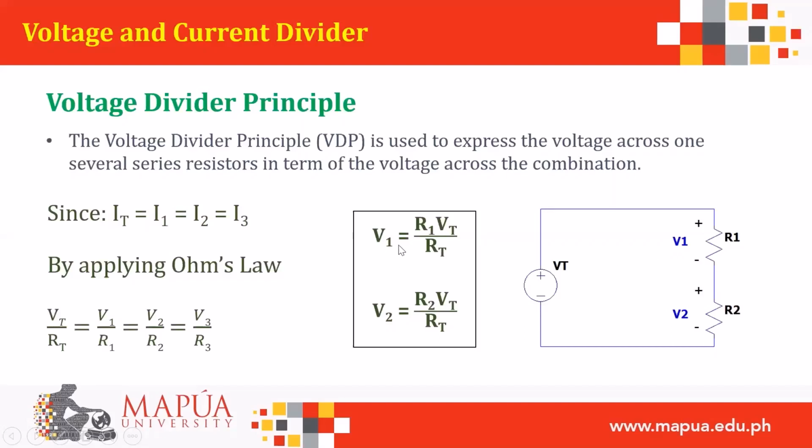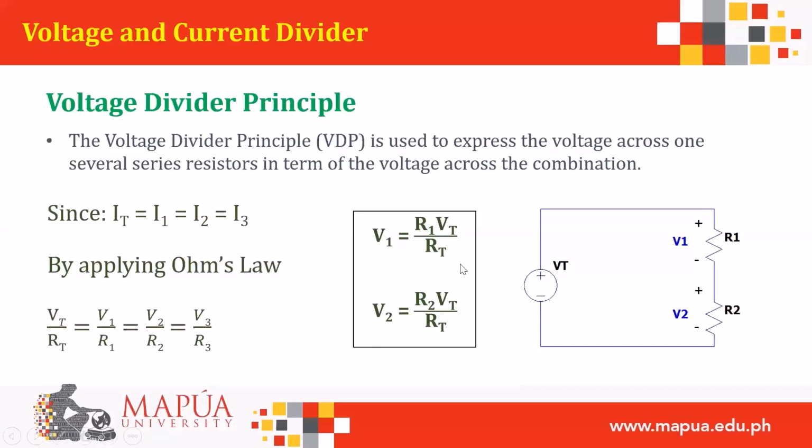V sub 1 is equal to R1 over the total resistance multiplied by the total voltage. Same goes for V sub 2, the voltage across R2: R sub 2 over total resistance multiplied by the total voltage.